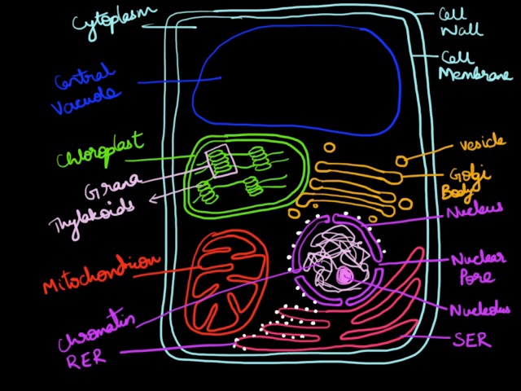Another membrane bound organelle that is found is called the peroxisome. It's just a vesicle which contains some enzymes. We are just randomly drawing a few of these circles. Let us label this as the peroxisome. These are called peroxisomes.